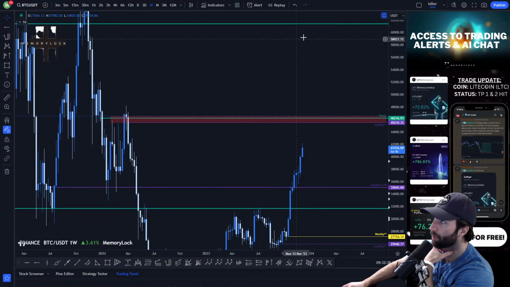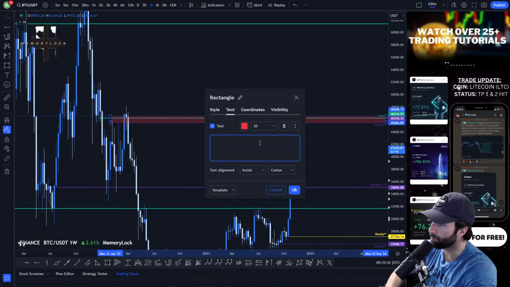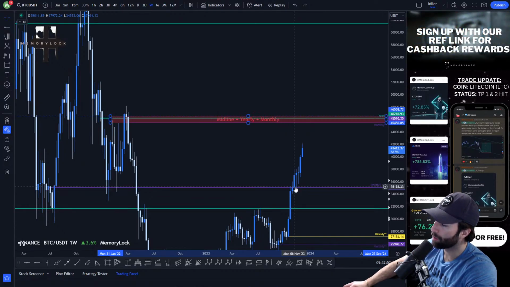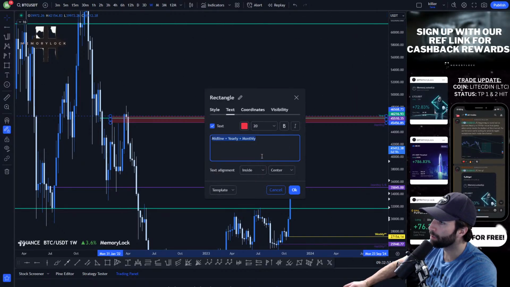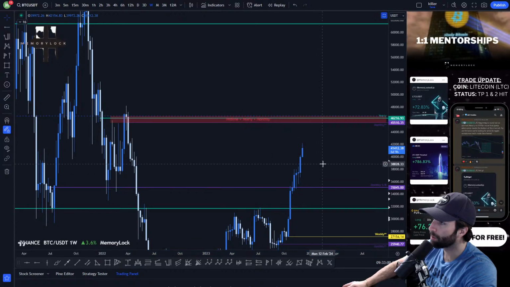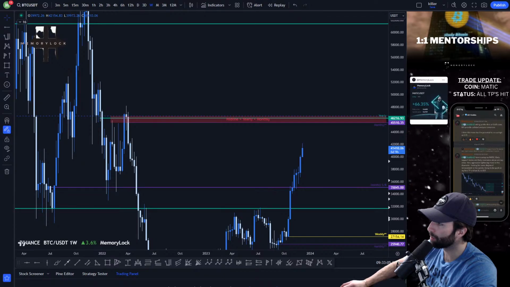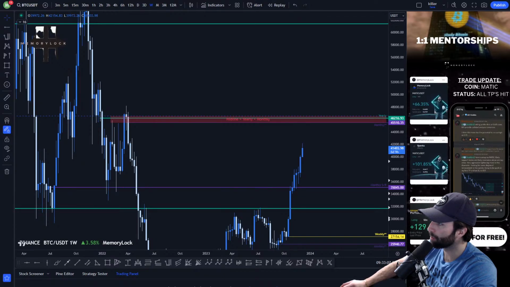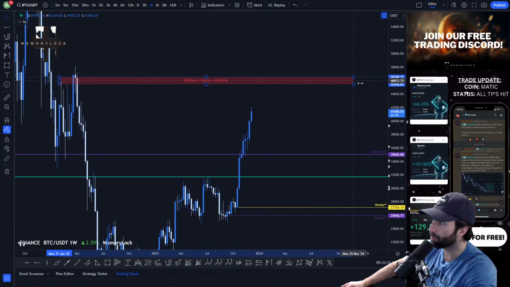We're going to write in here: midline, yearly, monthly. That way we can hide these levels and clean up the chart a little bit.